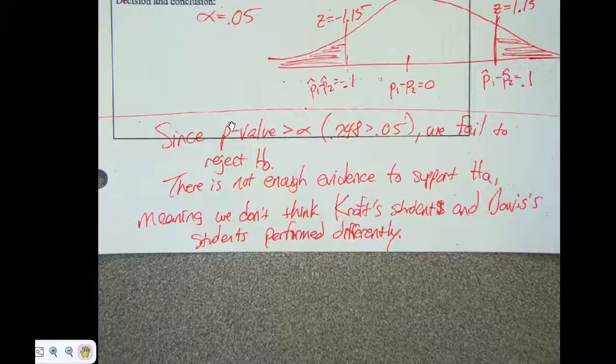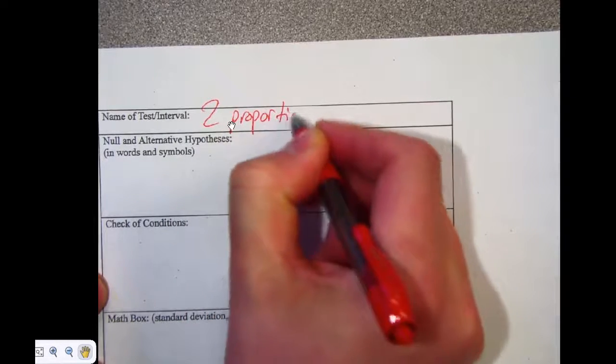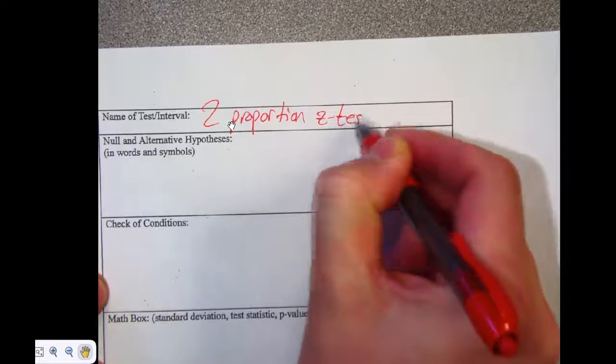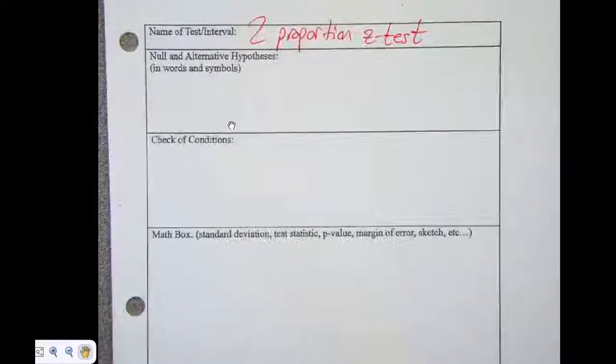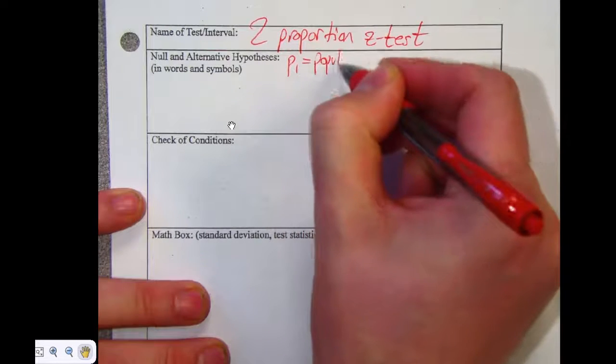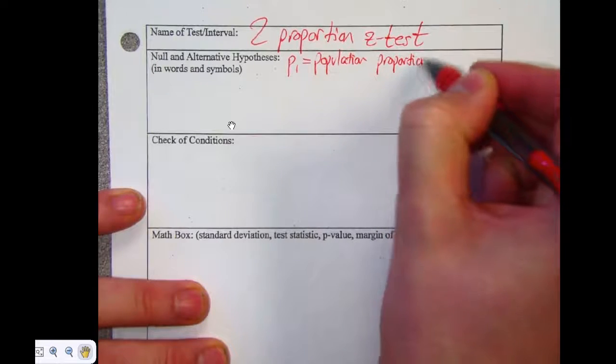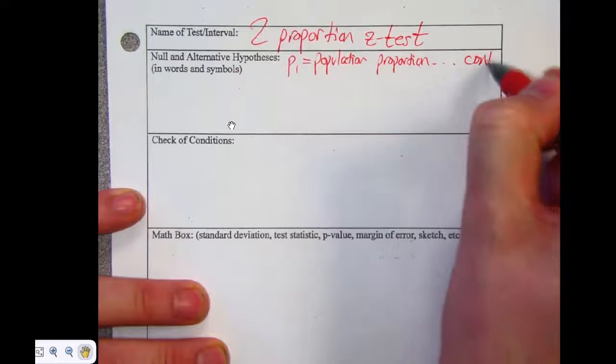Alright, let's do a template one. So you guys have a sheet where it just kind of notes for it. So two proportions z-test. P1 equals population proportion, blah blah blah, put in context.